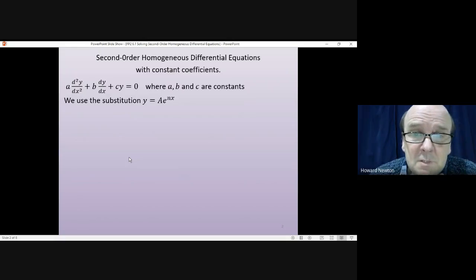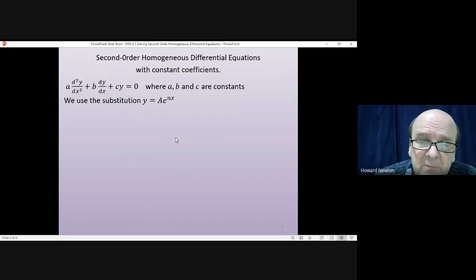What we do is we use the substitution y equals ae to the power of nx. Now to substitute that in, we need to find dy by dx and d2y by dx squared. dy by dx will equal na e to the power of nx. d2y by dx squared will equal n squared ae to the nx.